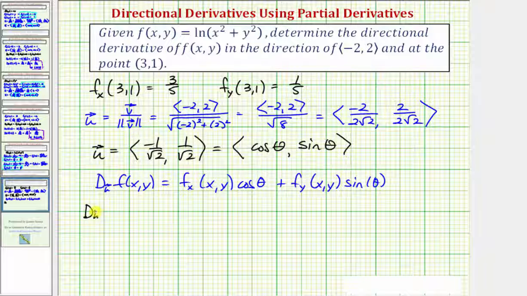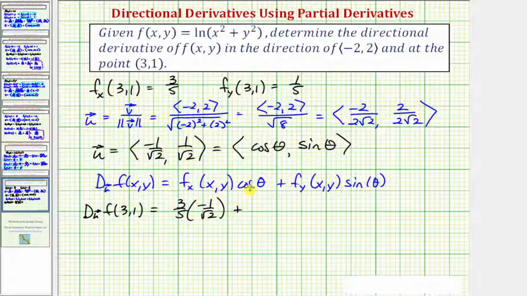The value of the directional derivative at the point 3, 1 in the direction of the vector with components negative 2, 2 is going to be equal to the partial derivative of f with respect to x at the point, which is equal to 3/5, times cosine theta, which equals negative 1 divided by square root 2, plus the partial derivative of f with respect to y evaluated at the point, which is 1/5, times sine theta, which equals 1 divided by square root 2.